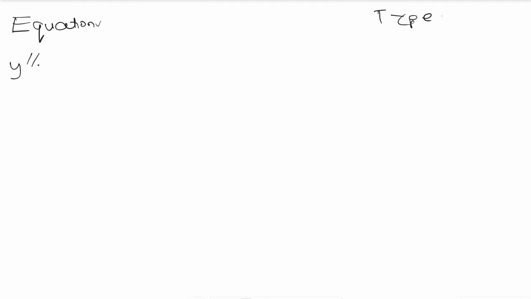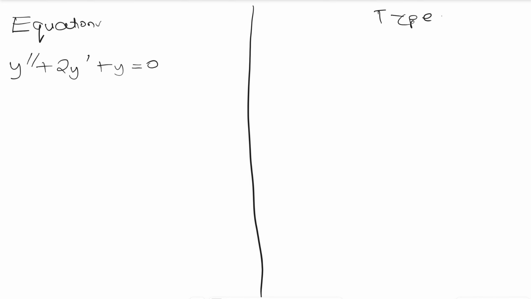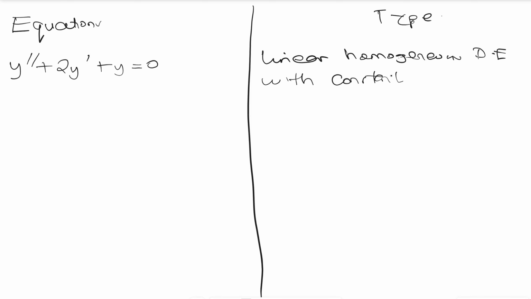An example of this equation is a linear homogeneous differential equation with constant coefficients, with constant coefficients 2 and 1 and 1, all are constant coefficients.